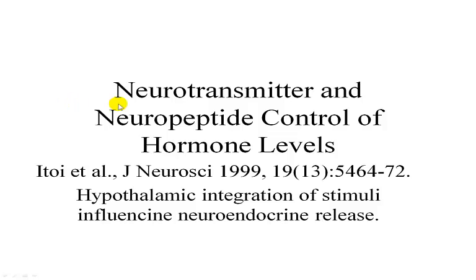Anyway, we kind of have all that in mind of autocrine, paracrine, and endocrine, and we just keep it in mind for the dopamine on the lactotrope in the previous example.